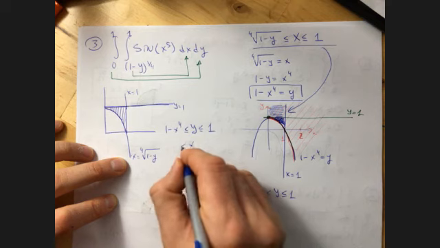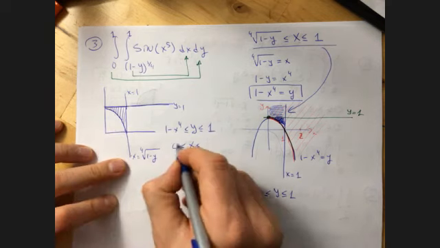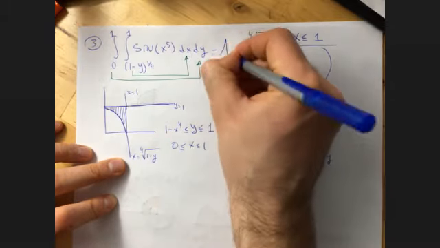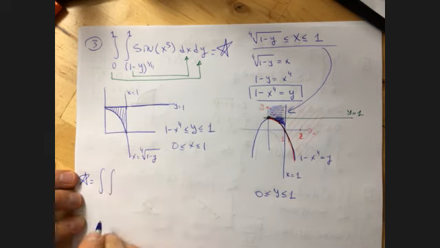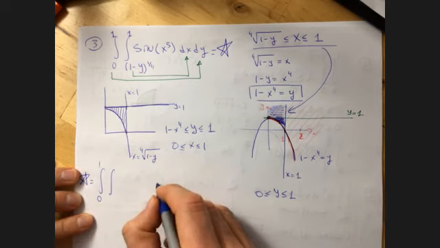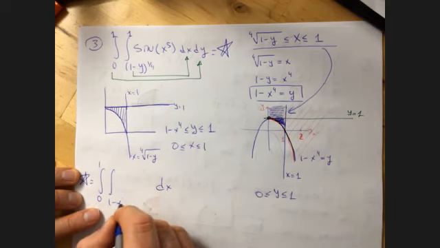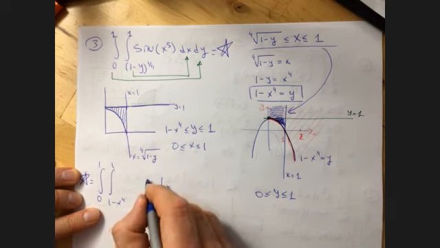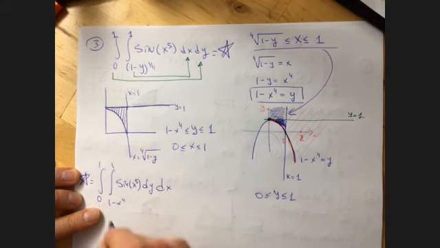In that case, x is just going to go from 0 to 1. So this integral, by changing the order of integration, x is going to go from 0 to 1 dx. y is going to go from 1 minus x to the power 4 to 1 dy, and here I have sine of x to the power of 5.